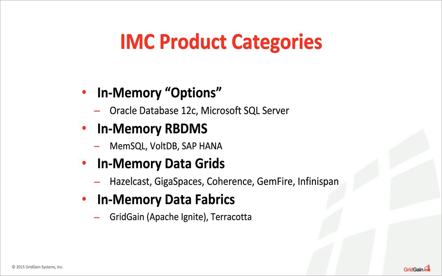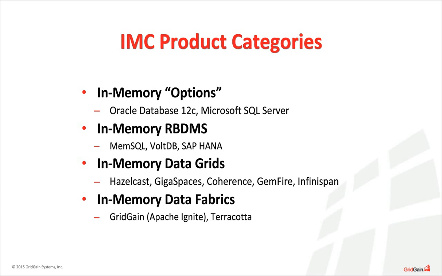In-memory databases or in-memory RDBMS, these are the bona fide databases built with memory as the main storage layer. This is different from the options. Options are basically a traditional disk database, but with an option to pin certain tables or certain data structures like indices and metadata into the RAM.